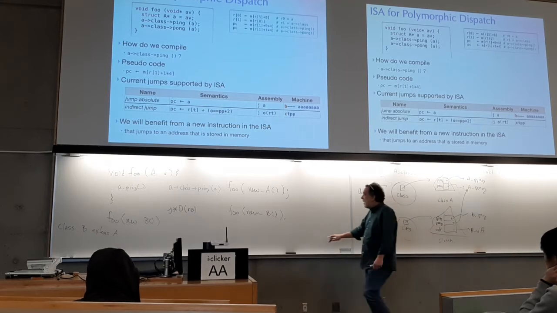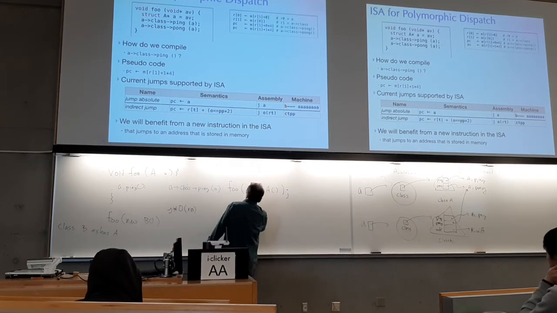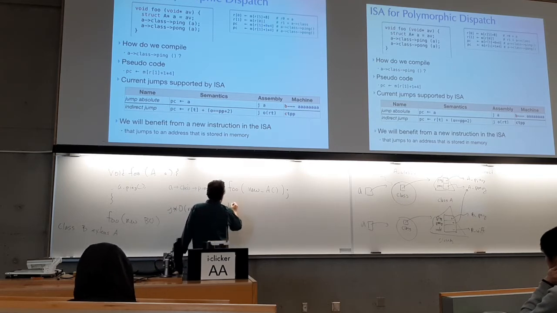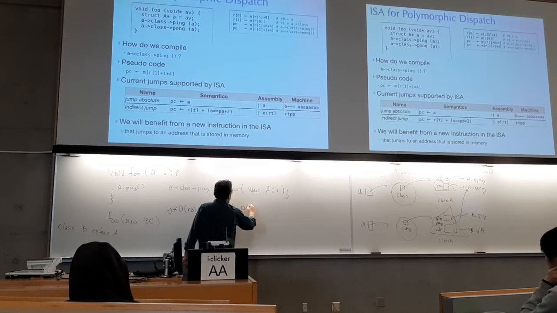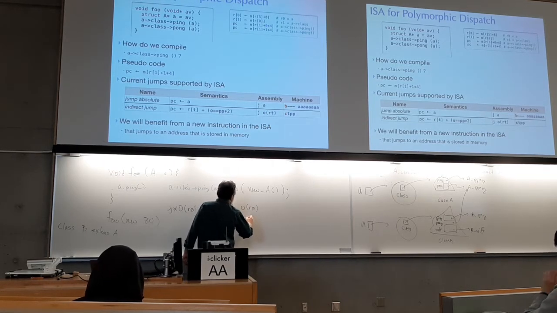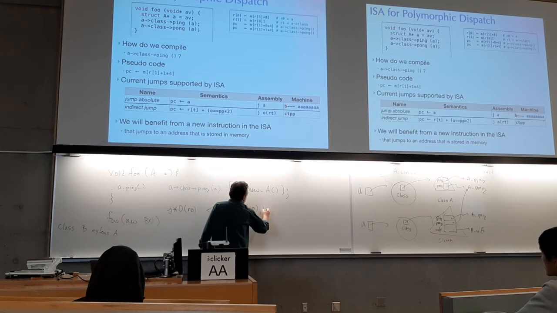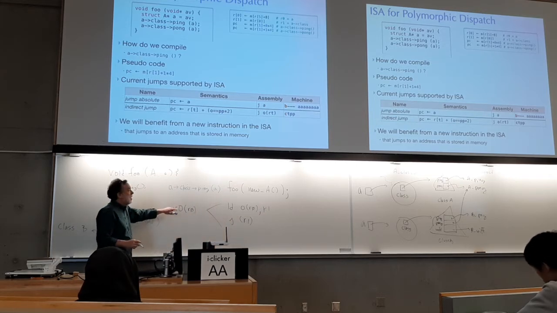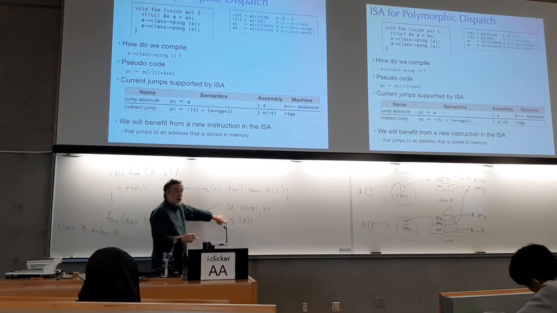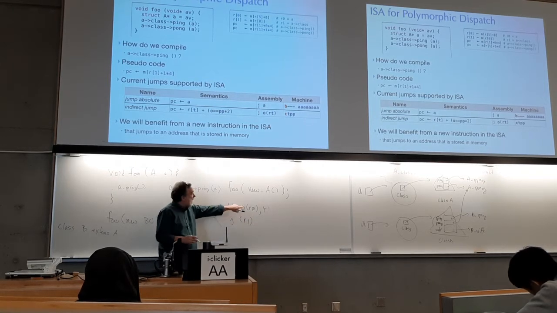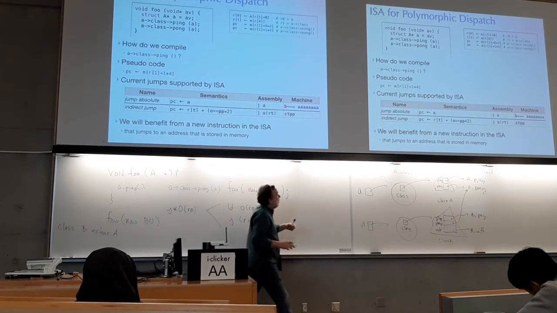Now that is exactly the same as two instructions that we already have. You could also do this: load 0, R0, and then jump with an indirect jump to R1. So the double indirect jump combines the load. With the indirect jump, the address you jump to is in a register, and I can get it into a register by loading.